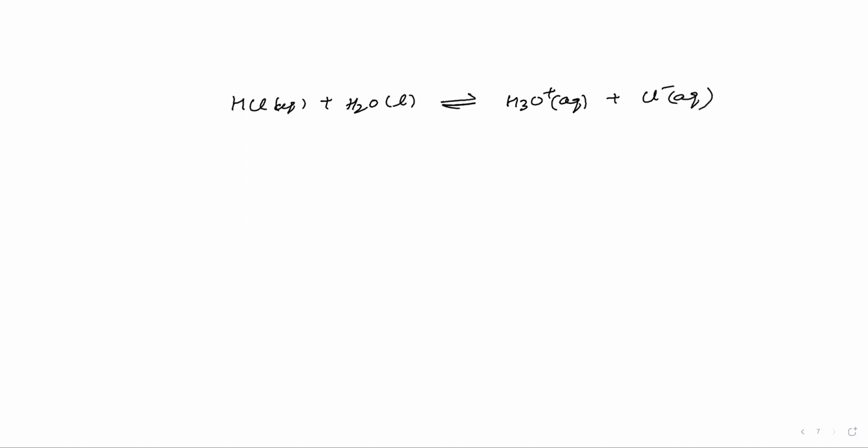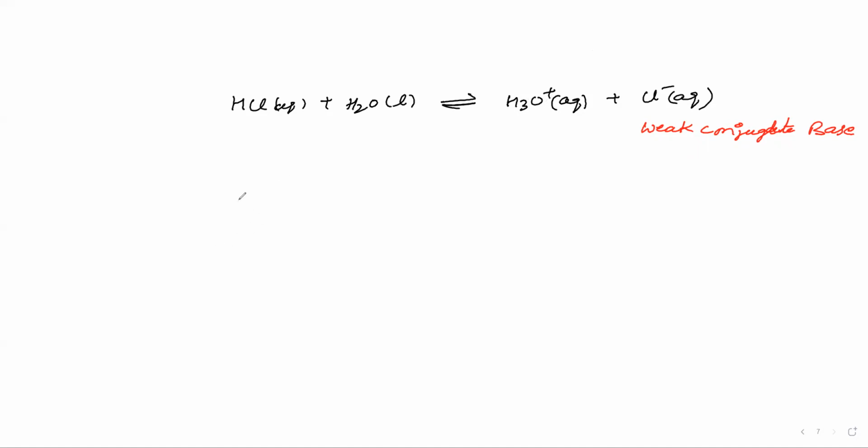I guess you all know that HCl is a really strong acid. So the conjugate base form would be weak. So this would be a weak conjugate base. Similarly, water is a weak base, so the acid formed would be a strong conjugate acid.